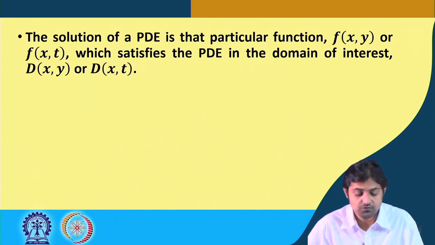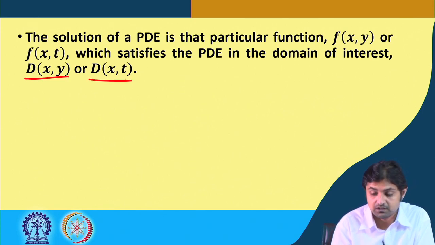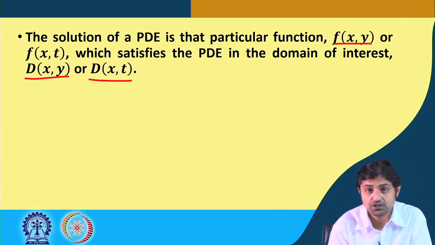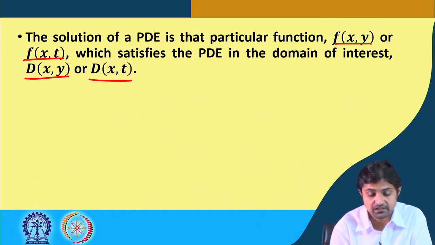The solution of the partial differential equation is that particular function f(x, y) or f(x, t) which satisfies the partial differential equation in the domain of interest. The domain is given by D(x, y) or D(x, t). f(x, y) is when the function is based only on x and y, and f(x, t) is when it is dependent on only x and t.